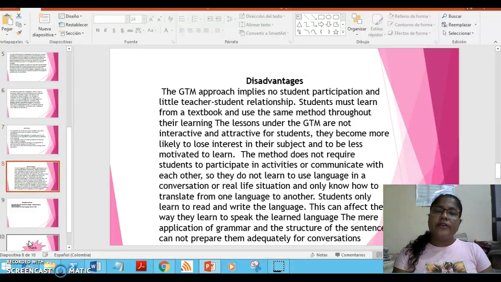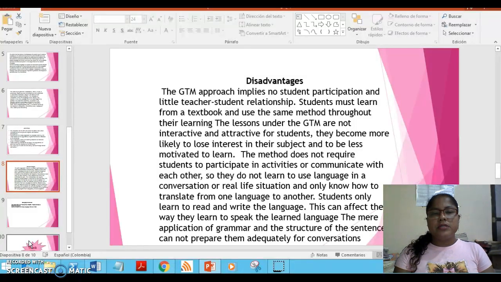The lessons under the GTM are not interactive and attractive for students. They become more likely to lose interest in the subject and to be less motivated to learn.